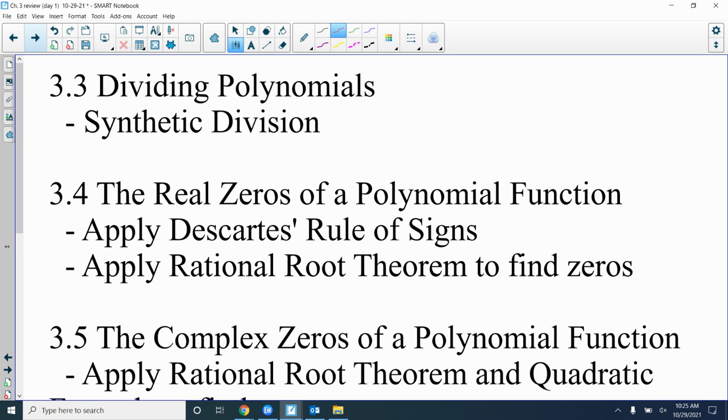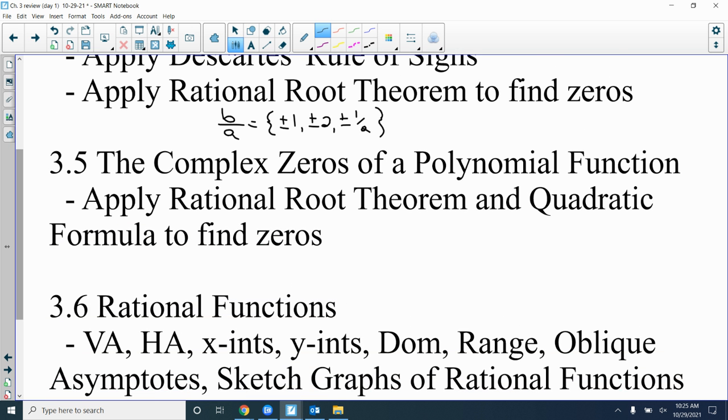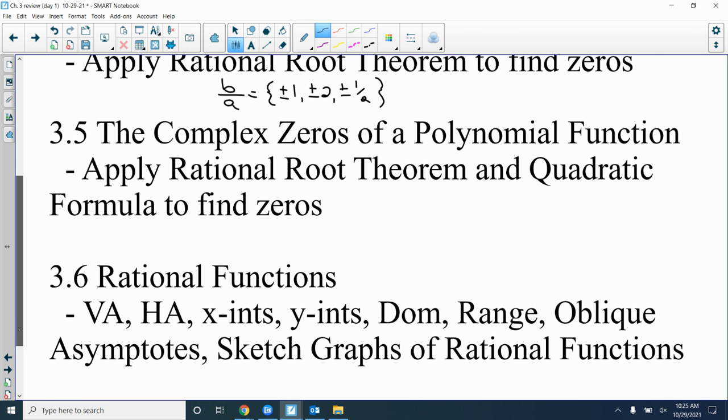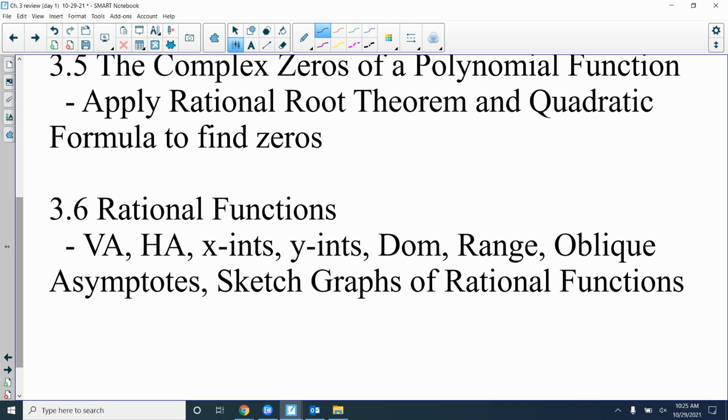That is your B over A, whatever, plus or minus 1, plus or minus 2, plus or minus a half, etc. And then those are our possible roots, and we use those to plug in for synthetic division. Complex zeros, that's just problems that end up having an i in an answer. And now what we've been doing for the last few days are rational functions. Finding horizontal, vertical asymptotes, x-intercepts, all that good stuff.